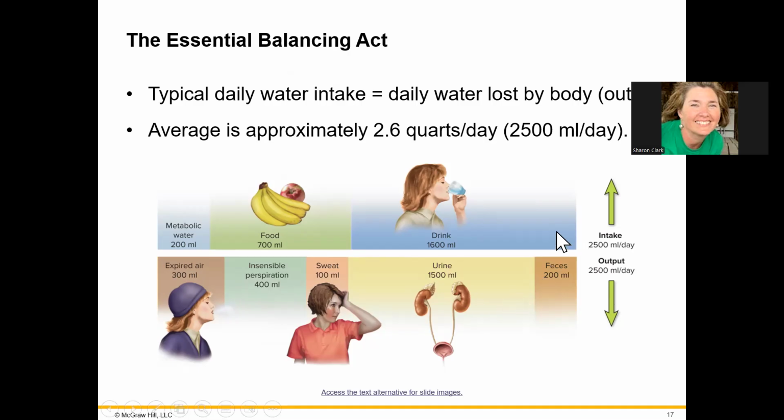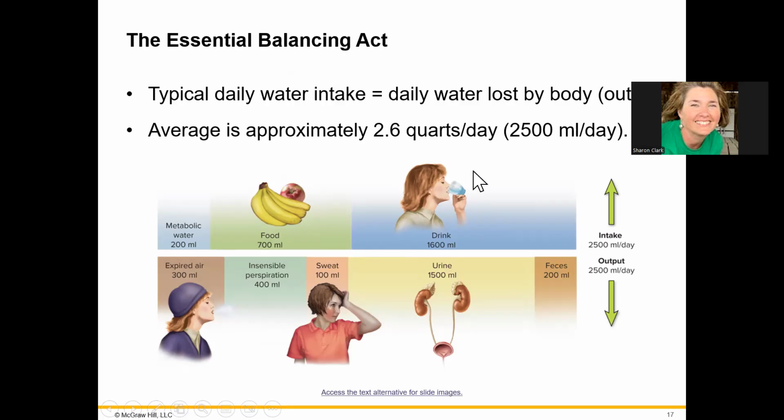So you see where it's a fine balancing act, and we need to maintain our water balance. And it gets hard to do that due to environmental factors. We have temperature, humidity, altitude, and we're not always healthy either, right? Or sometimes we're sick and we have fever or diarrhea or vomiting, and we exercise.